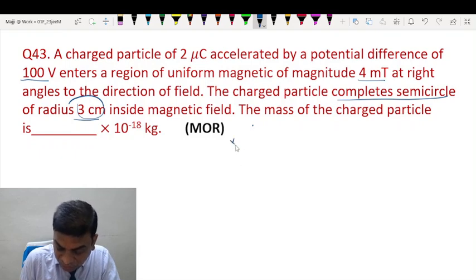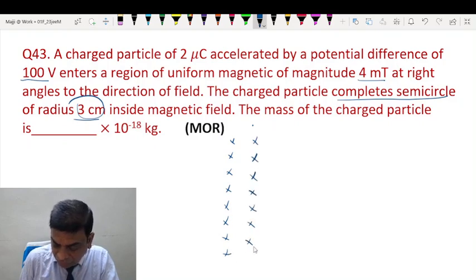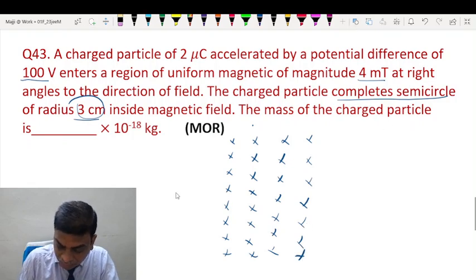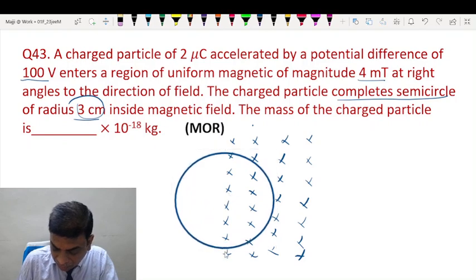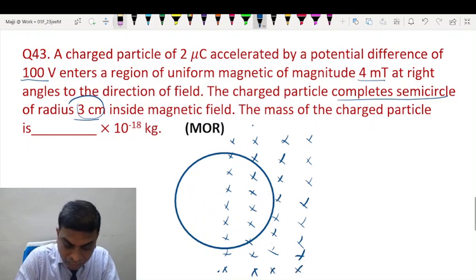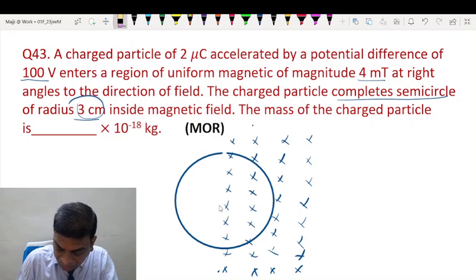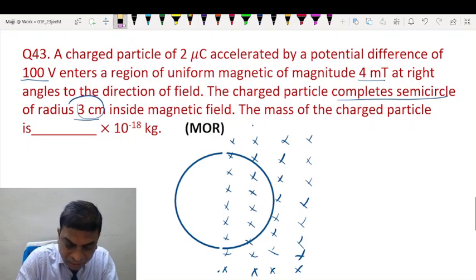See, suppose you have a magnetic field directed into the plane of the page, then the particle will enter at one point and exit at the other point.